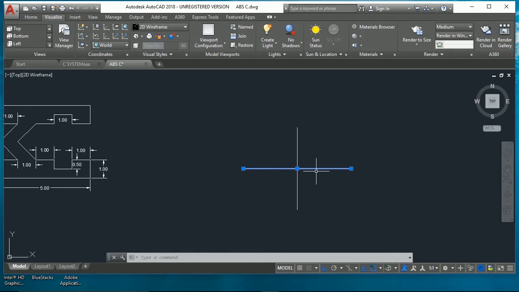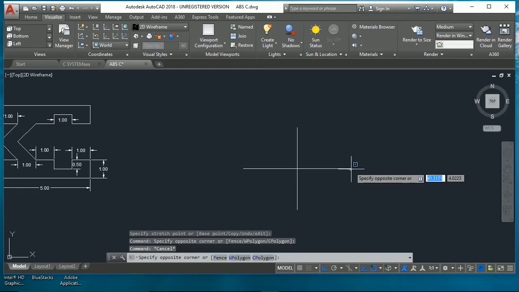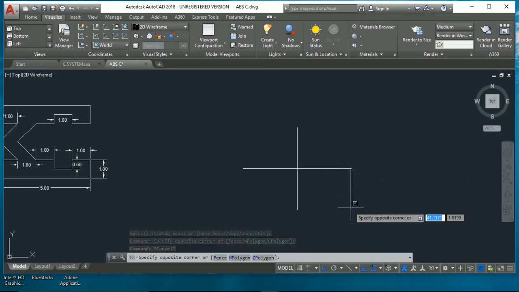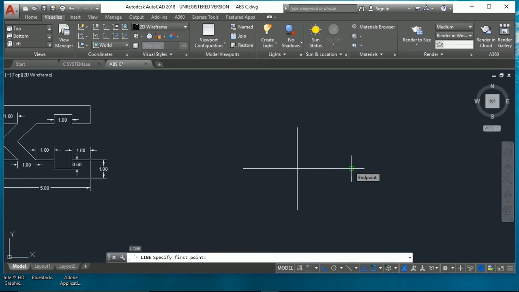If the new point is located in the first quadrant, imagine this point is located in the first quadrant. Then both the distances x and y will be specified by positive values.